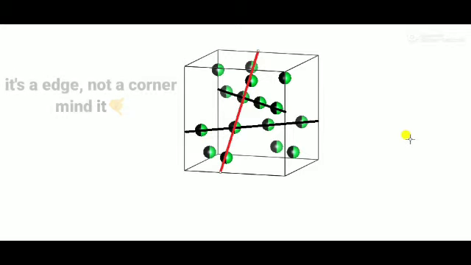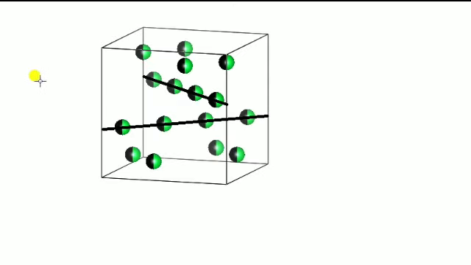Okay, and from this face to this face they are connected like this. Now I may draw this figure, this line from this surface to this surface, and from this top surface corner to bottom surface corner.